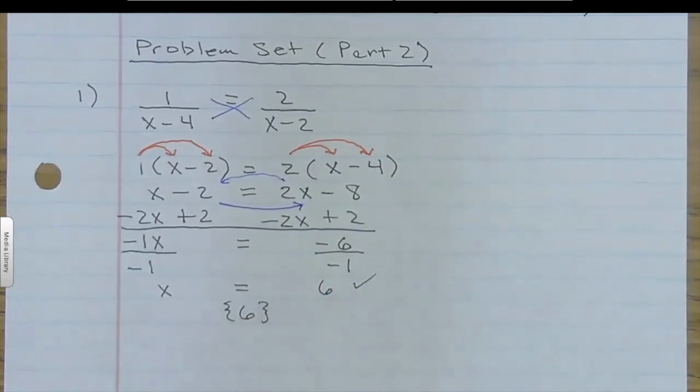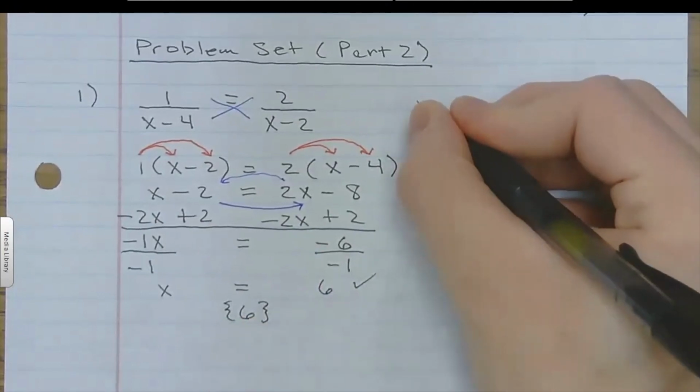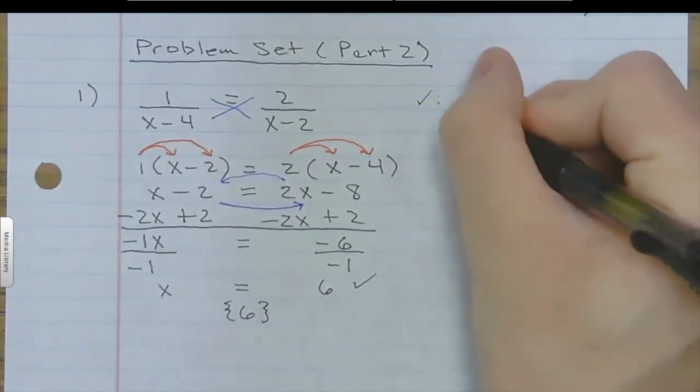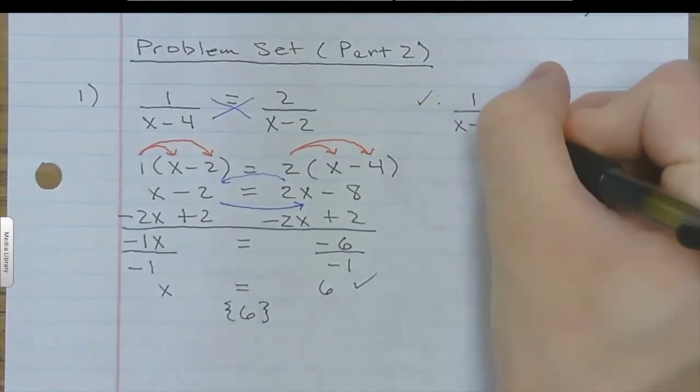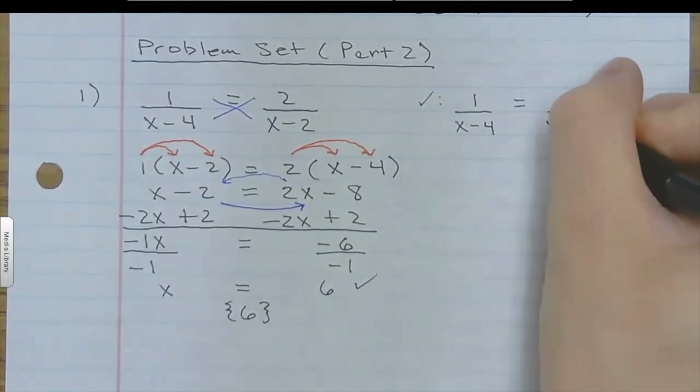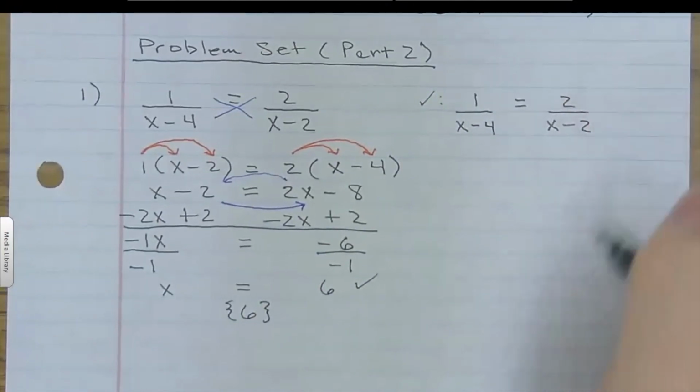Now, if I want to check it, I just plug in 6. I'm going to write out my original equation just the way that I found it. 1 over x minus 4 is equal to 2 over x minus 2. Everywhere I see an x, I'm going to plug in a 6.